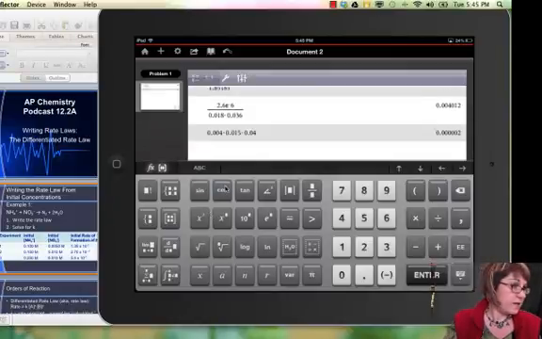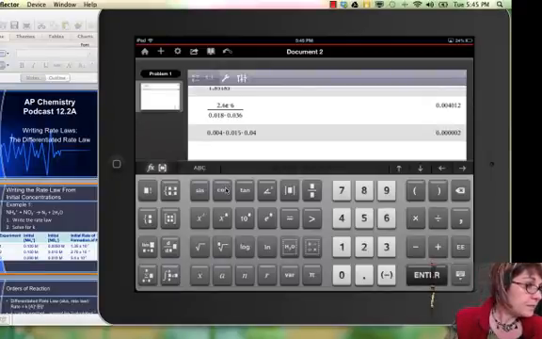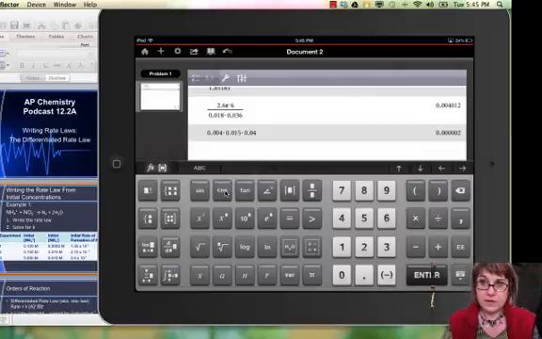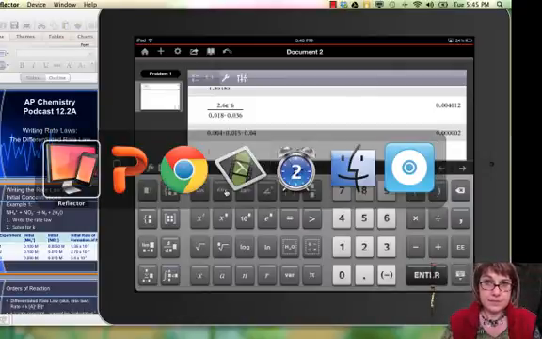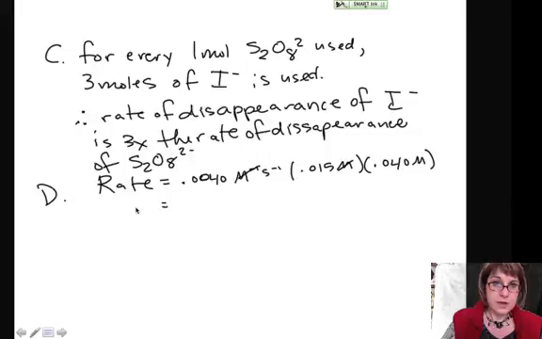So at that concentration, I get a rate that's not the same as the one I got before, but it's just a rounding thing. So the rate is going to be equal to 2 times 10 to the minus 6 moles per second.